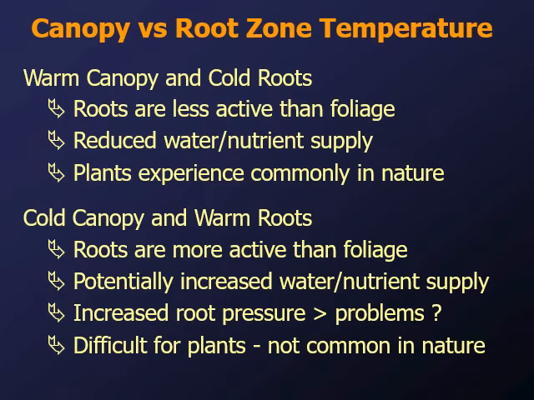But if you warm the root zone too much and you get too much root pressure, it can actually put water pressure up the plant that will cause stems to swell and burst, or buds to swell and burst, or fruit to swell and burst, like tomatoes bursting. So we have to be careful that the roots are not so much out of whack with the air temperature for the canopy. It is definitely not a natural occurrence unless your plant lives above a volcanic subsoil, but whatever. Anyways, it's not normal.